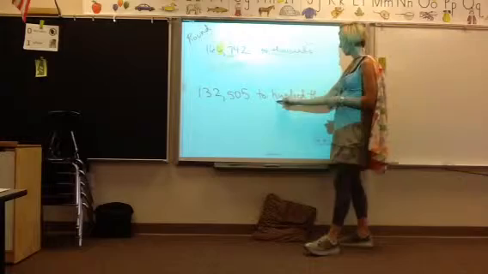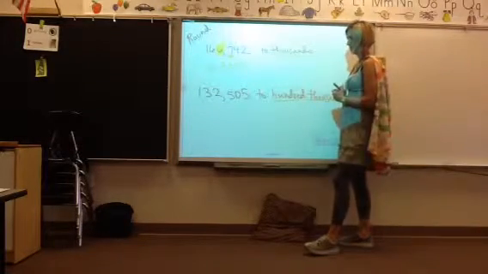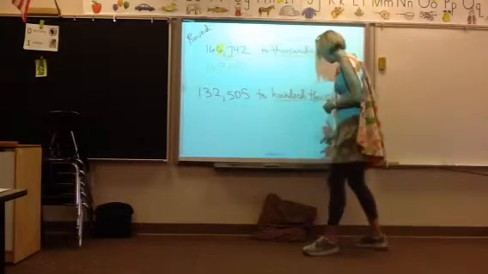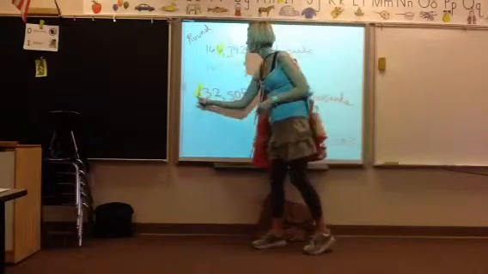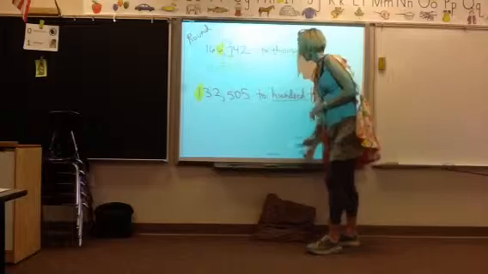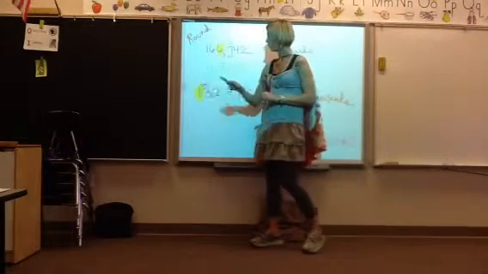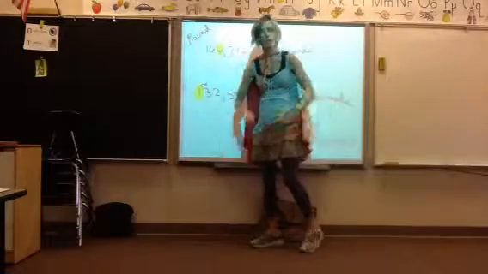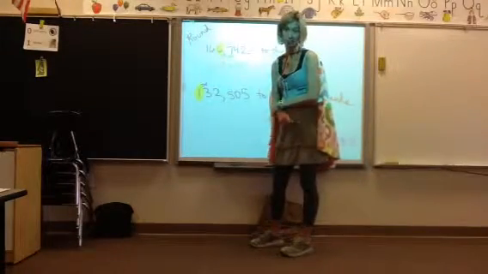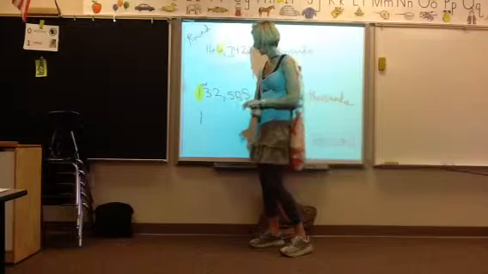This number. All right, let's look here. We're going to round to the 100,000s. Meaning, I'm going to highlight where the 100,000s is at. In this case, it's here. And I'm going to jump over and look at what's sitting next to it. It's a 3. Is that 5 or more? No, it's not. So the 1 is going to stay. I'm not going to move it up.